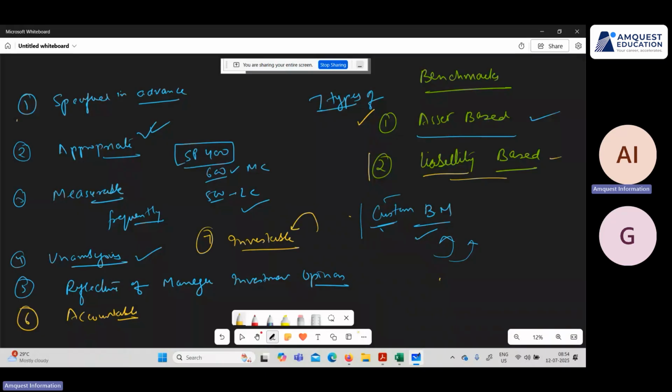Let's say my manager has a portfolio P and he is betting against the S&P 500, and I saw that every single year he is underperforming. Then I should have the ability to cancel all my transactions here and straight away invest in the S&P 500. Cancel the transaction with the manager and then straight away invest in the benchmark.